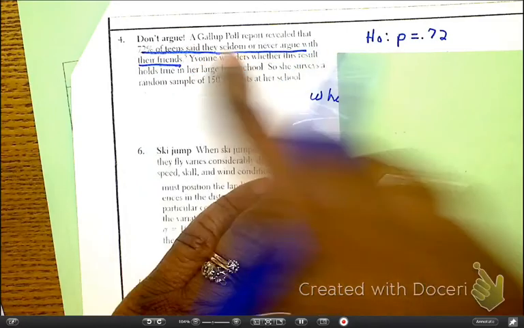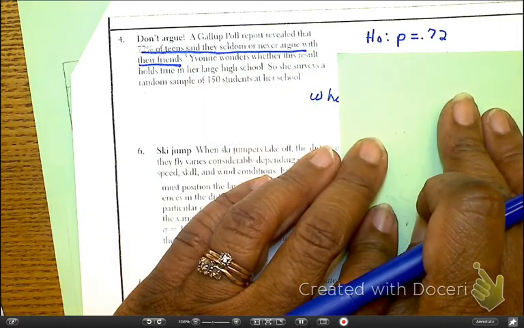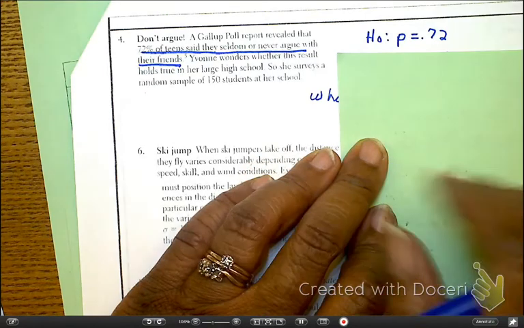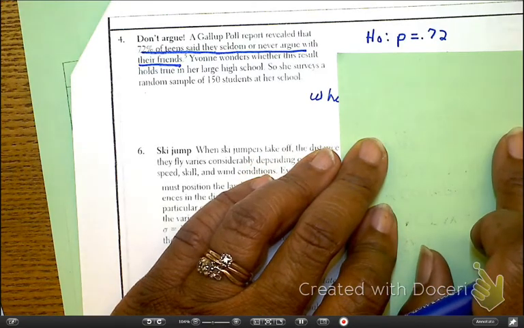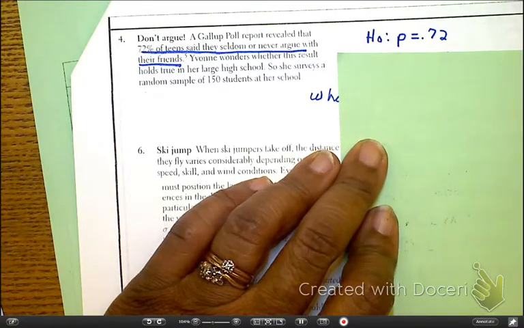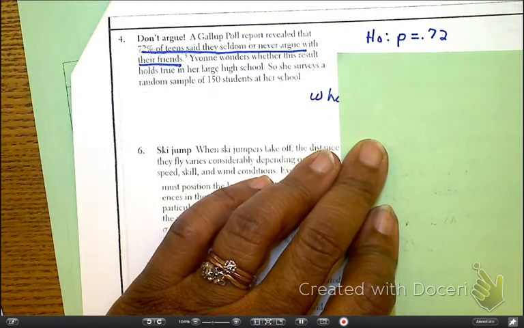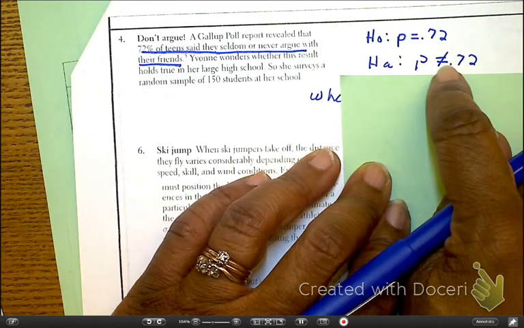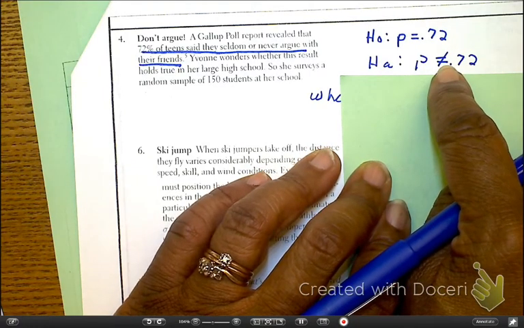And then she's wondering if the results hold true at her school. Now, she didn't say whether it was less or whether it was greater. She's just saying, I'm wondering if it's going to be different. And there is your not equal to.